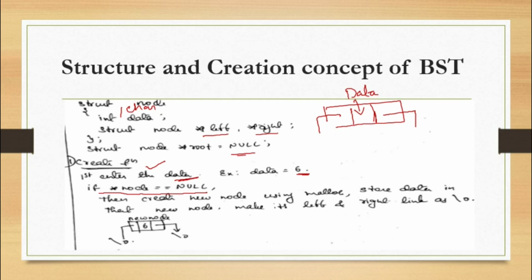Then I store my data, which is 6. Then I make the left and right pointers null. So that is the general understanding. This is the left link, the left pointer, and the right pointer, because it stores the address.